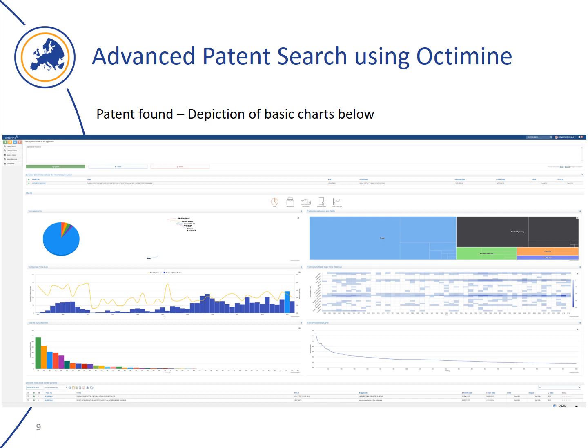by showing that when you start the search with this one patent application, you find such a set of basic charts as below. The chart here is about the applicants.